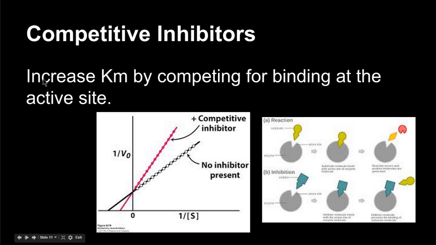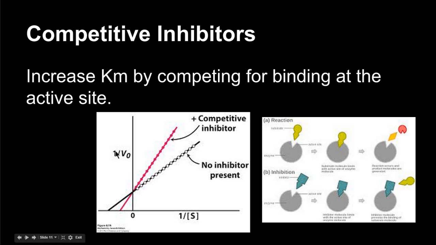Therefore, I'm increasing the Km, because I can't get half of the maximal speed at the same substrate concentration anymore with these inhibitors floating around. I need more substrate so I can compete with them and get them out of there.